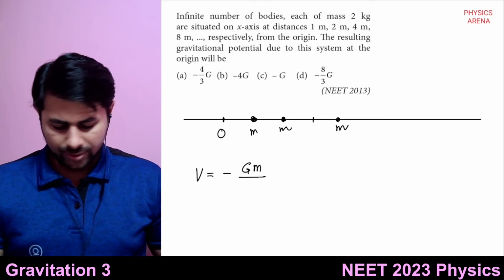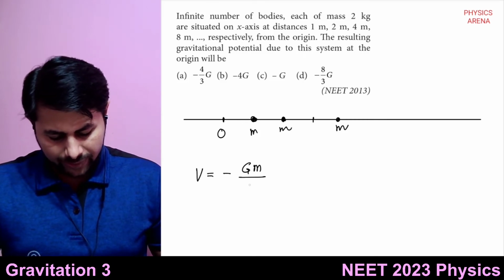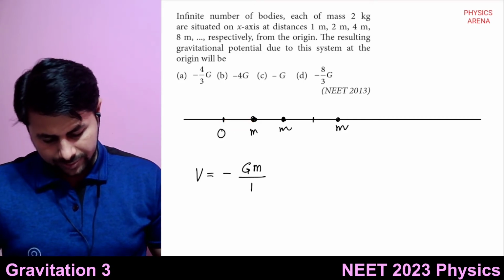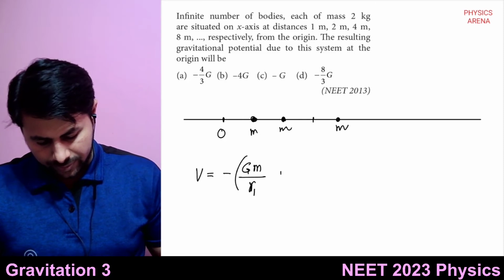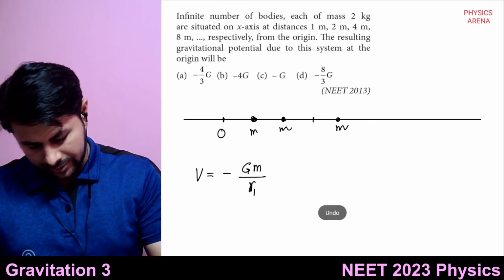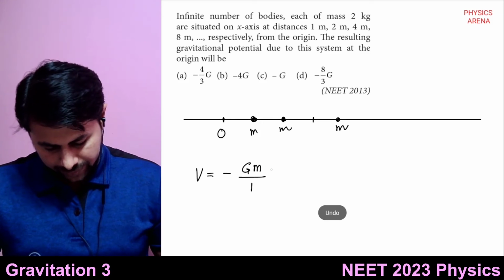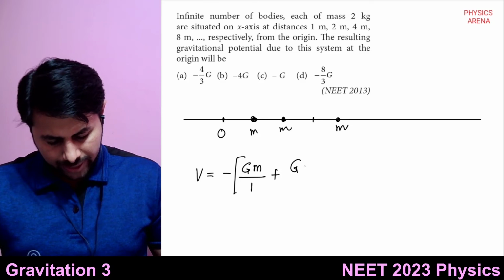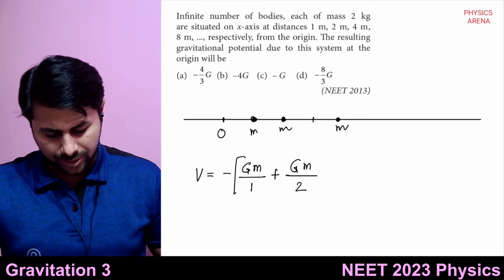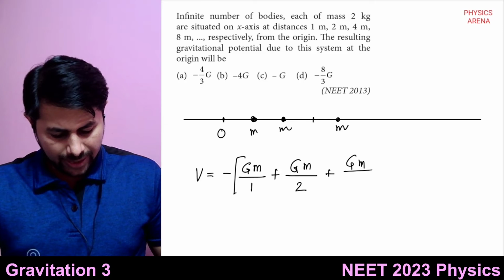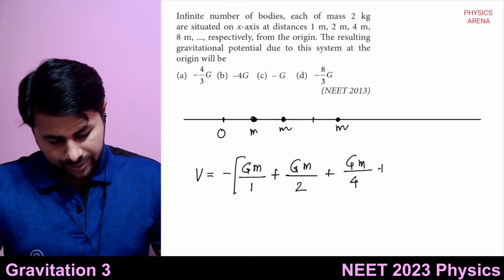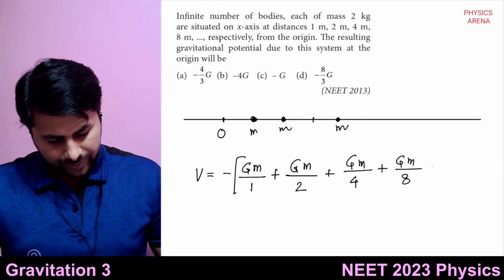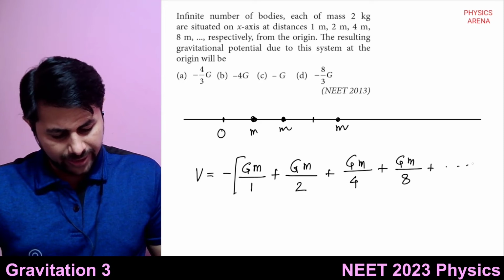So it is minus of GM upon R1, where R1 is 1. Then we can take the minus sign common, and multiply GM upon R2, where R2 is 2, plus GM divided by R3, where R3 is 4, plus GM upon R4, where R4 is 8. So we can see what's happening here.